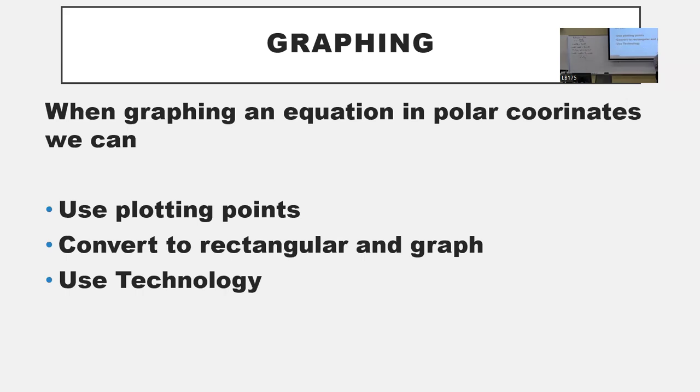So the last thing that we're going to do with these polar coordinate systems is talk briefly about graphing. We already graphed one equation. We graphed r equals 2 theta, and we got that infinite spiral, right?